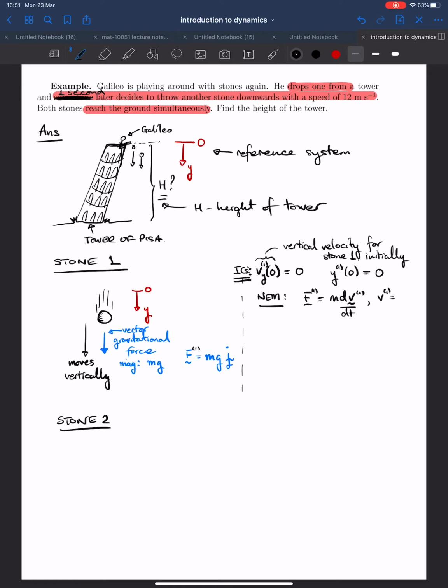V1 is equal to Vy1 of t with j as the coefficient, the unit vector j. Now, skipping steps, we derive this equation. And you should verify this for yourself. We derive this equation.